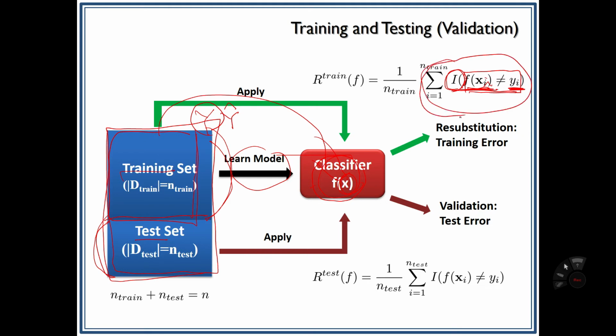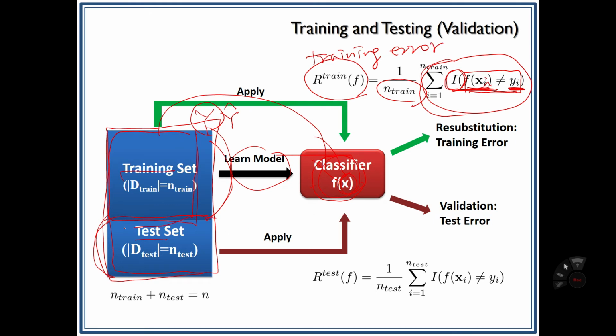This is the total number of misclassified objects, and we divide that value by the number of objects in the training set, then we can find the training error. This is called the training error or training misclassification rate.